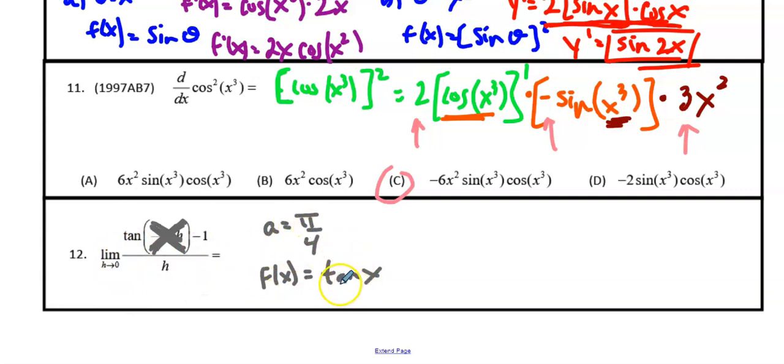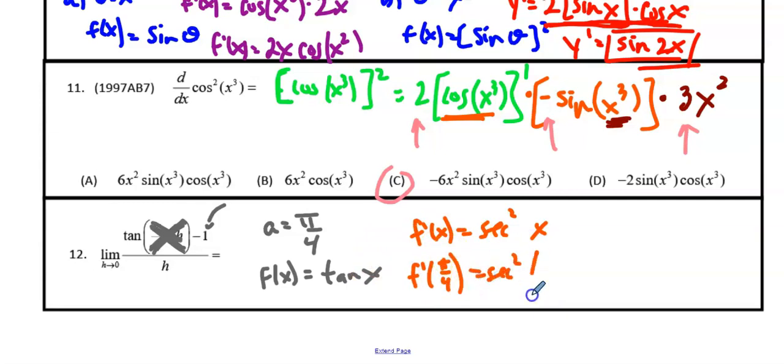And again, you know you got the right function and the right value for a, because if I plug in pi over 4 to tangent, I get that value here as 1. So we know that we're on the right path with that. So our derivative is going to be equal to secant squared of x. And then we want to evaluate that at pi over 4. So I get the secant squared of pi over 4.